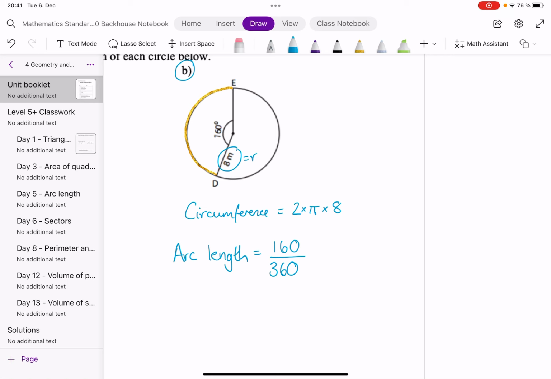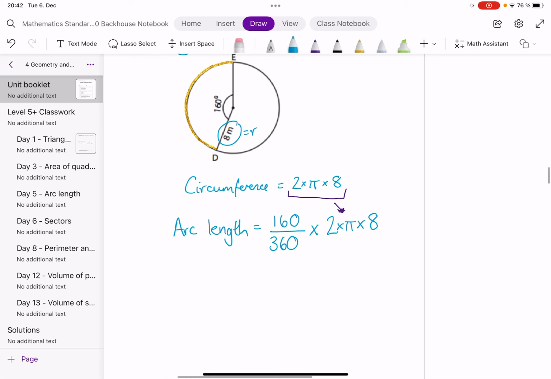So that's the fraction of my circle that I'm interested in. So what I've done is I've taken the circumference of the circle and I've said that I want 160 degrees out of 360 degrees of it. So the angle I've got divided by the total angles in our circle.